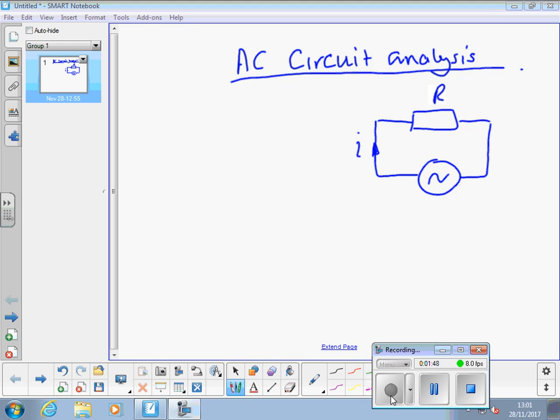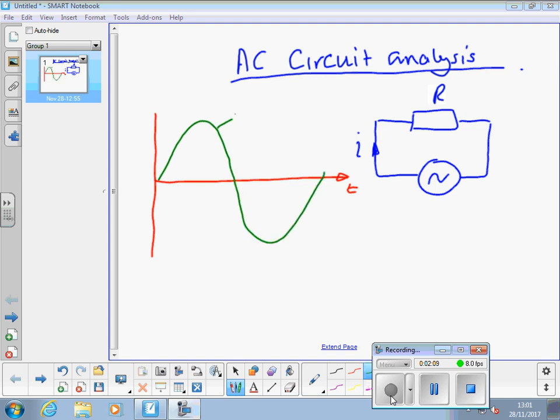Okay, so we have a current flowing in that circuit, and if we plot the sine wave of the voltage and the current over time, the green sine wave is V, little v, and the blue sine wave on the same axis is little i.